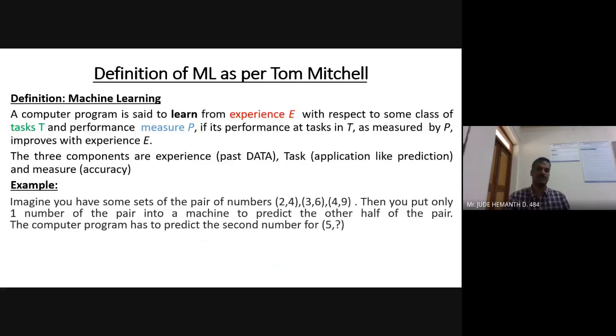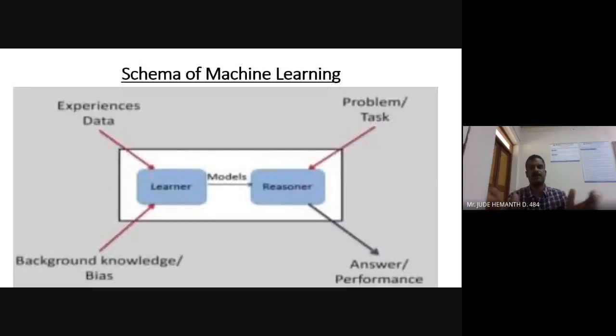When you zoom into that specific block, you can get this. Inside the middle block of the computer, you have two sub-blocks. One is called the learner and the other is called the reasoner. The learner is going to get the input data, or the experience data, or the past history, which we call training data.